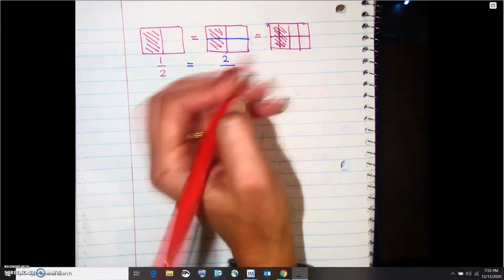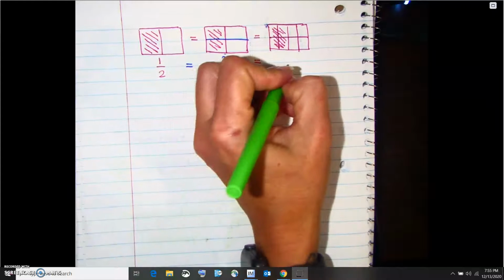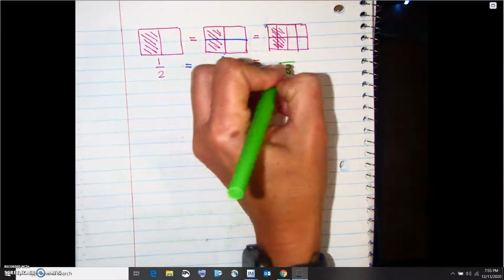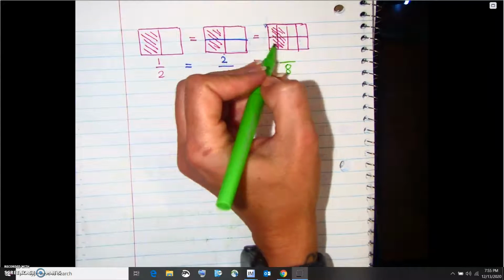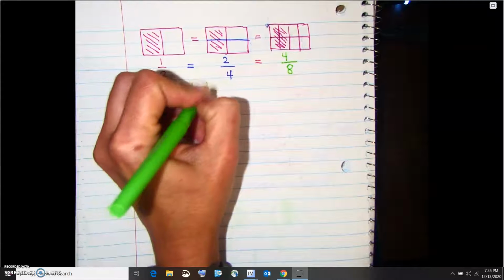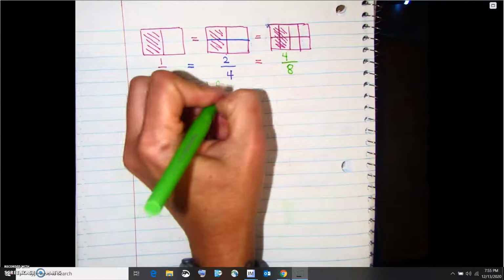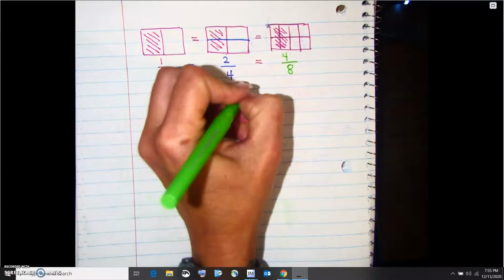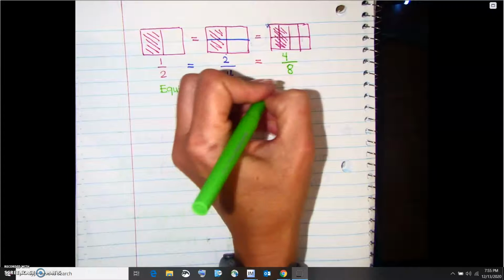Okay, so it's still half of the shape. It's still half of the shape, but now, what's the denominator? How many parts do we have? 8. And how many parts are colored in? 1, 2, 3, 4. 4. So that means all of these are equivalent fractions for 1/2.